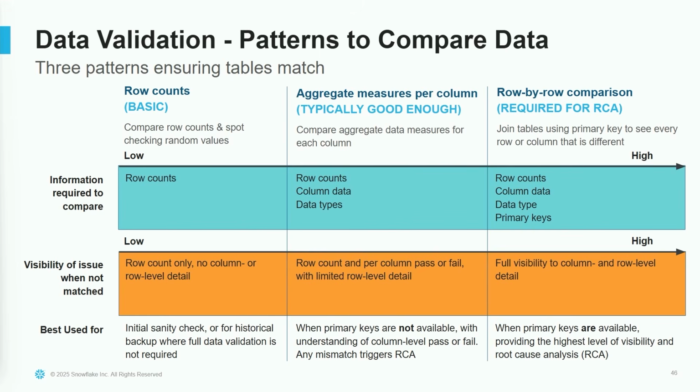The approach that we found works best is what we call aggregate measures. Aggregate measures is basically a way that you give us the two tables that you're interested in comparing, one from your Spark code, one from your Snowpark code, for example, and we actually profile those two tables and see if the profiles match. Profiling would be things like min value, max value, number of rows, distinct counts, number of nulls.